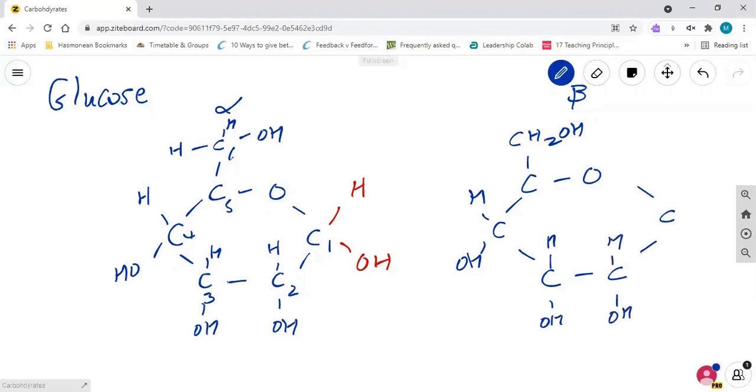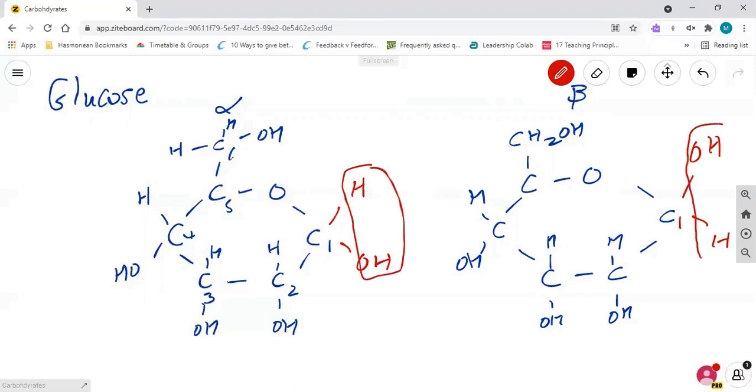The difference is that on carbon number 1, the OH is on the top and the H is on the bottom. And that's what makes the difference between alpha glucose, hydrogen on the top, and beta glucose, hydrogen on the bottom. And it's going to be really important when we come to join them together.